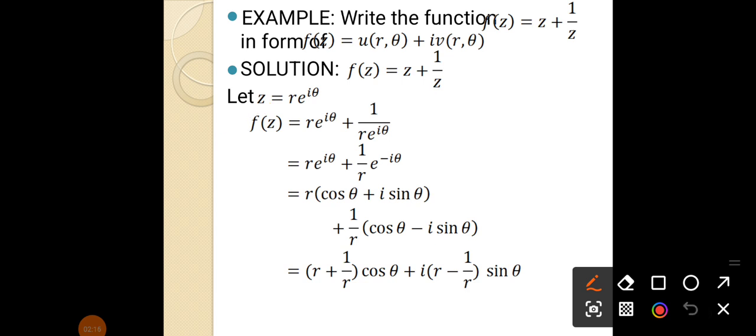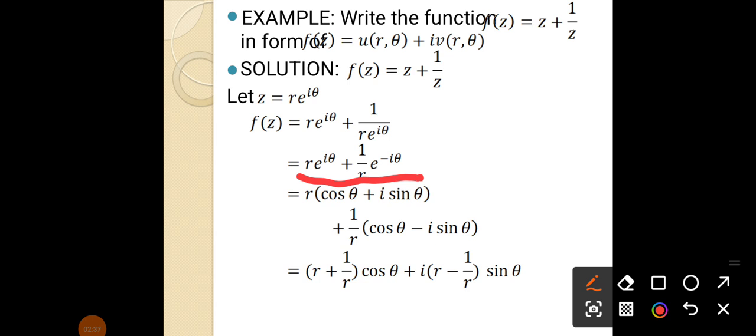The next step is we write the first term, r into e raised to i theta, as it is, plus the second term, 1 upon r into e raised to i theta.